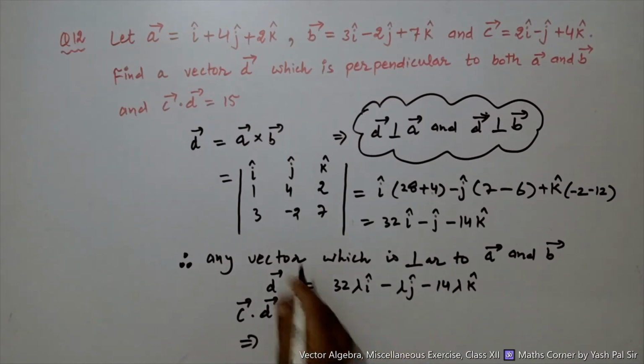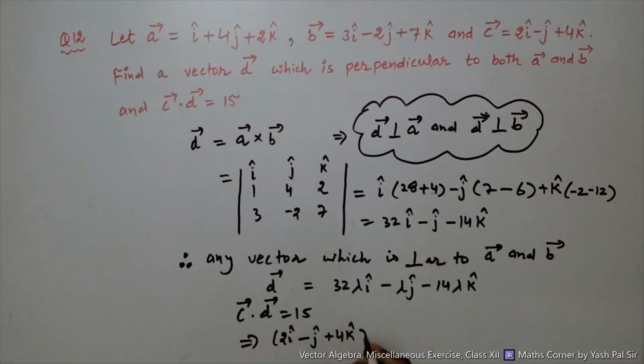C vector is 2i minus j plus 4k dot D vector, 32 lambda i minus lambda j minus 14 lambda k, is equal to 15.